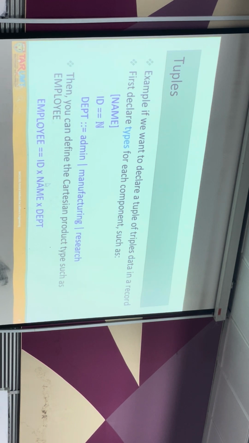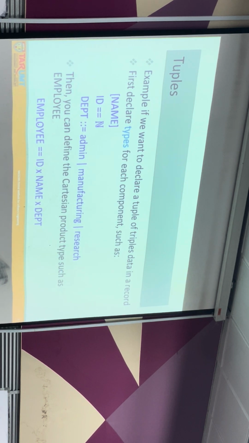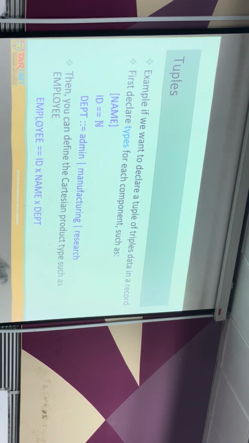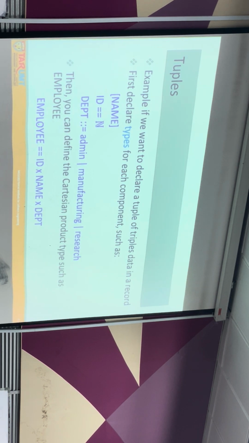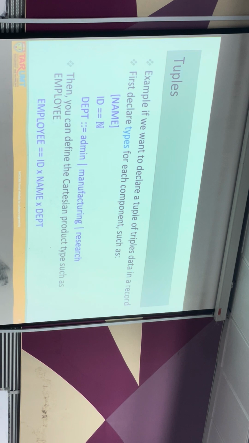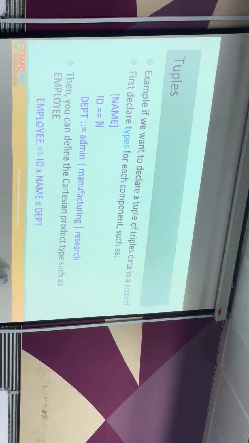I rename the whole Cartesian product as employee. It means that employee represents ID, name, and department as one record together. They cannot be separated. As one record, when you get this record, you get all of it, so you cannot separate individually. That is Cartesian product.